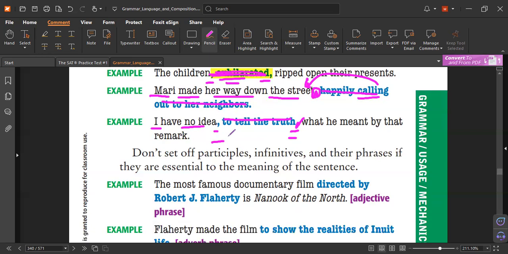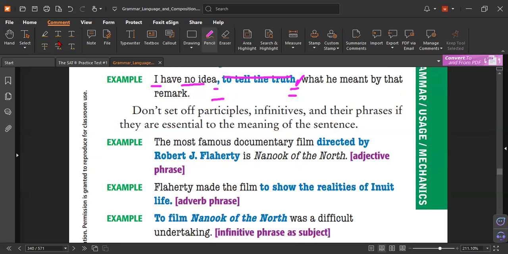But what if we don't have any commas? We call it, in English, essential to the meaning of the sentence. Now delete this part. Remember this part is a past participle phrase. I deleted it: the most famous documentary film is Nanook of the North.